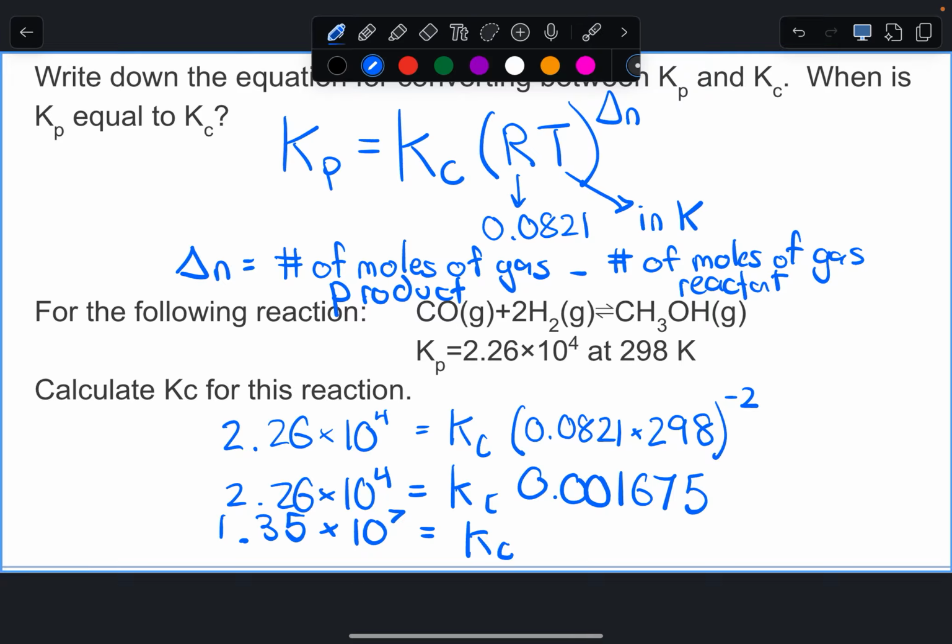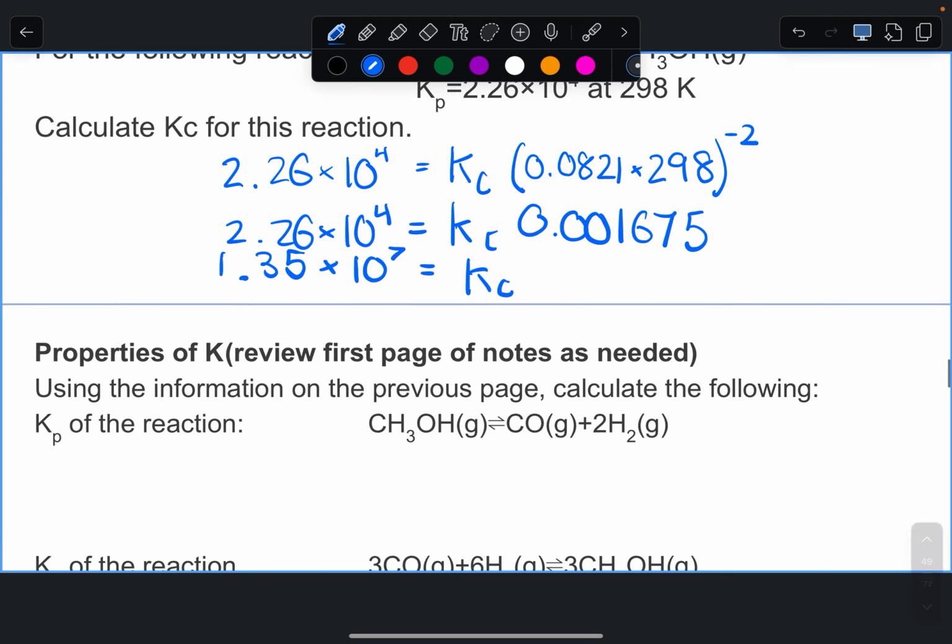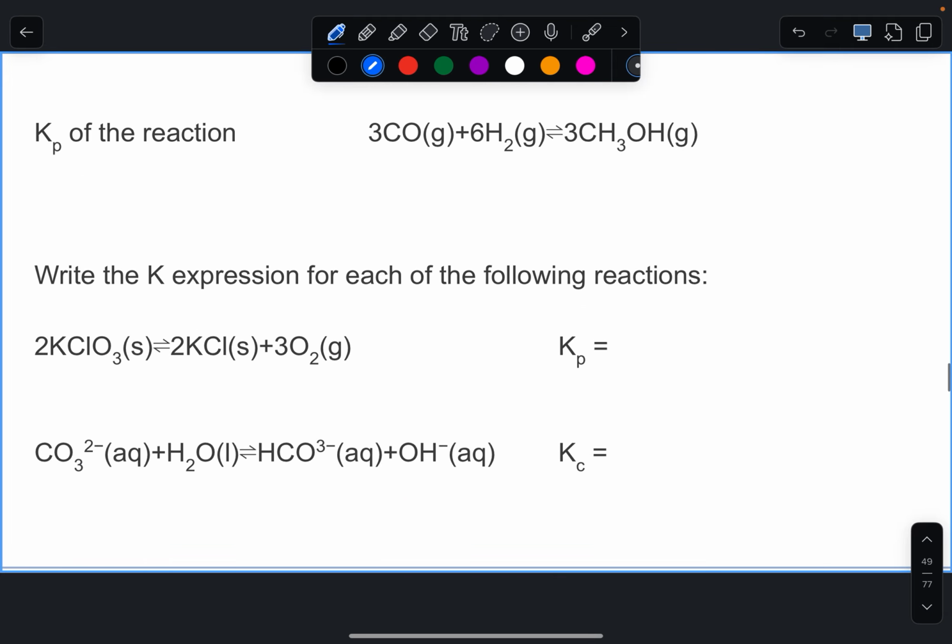Okay, another important note, and this is going to be at the bottom of the next slide, I think. Yeah. Is that we do not include, and this is on the summary sheet as well, pure substances. A pressure of a gas is typically a mixture, and certainly if there's more of it, it matters.